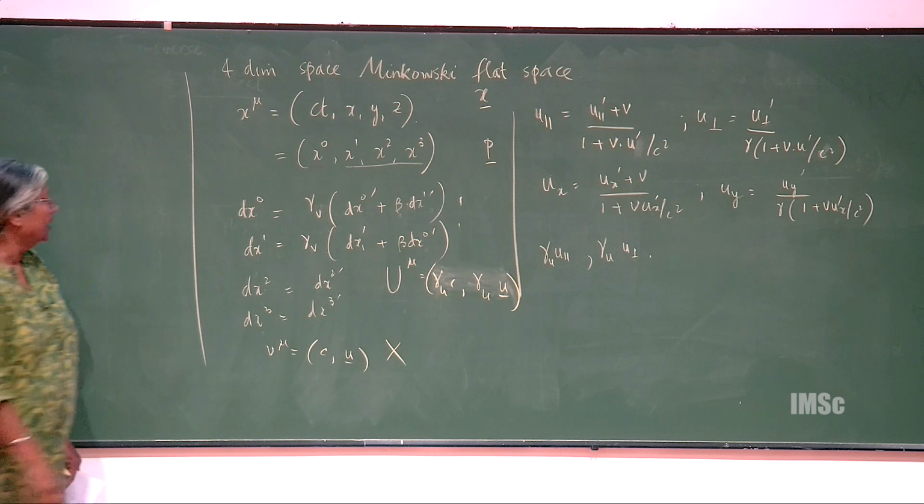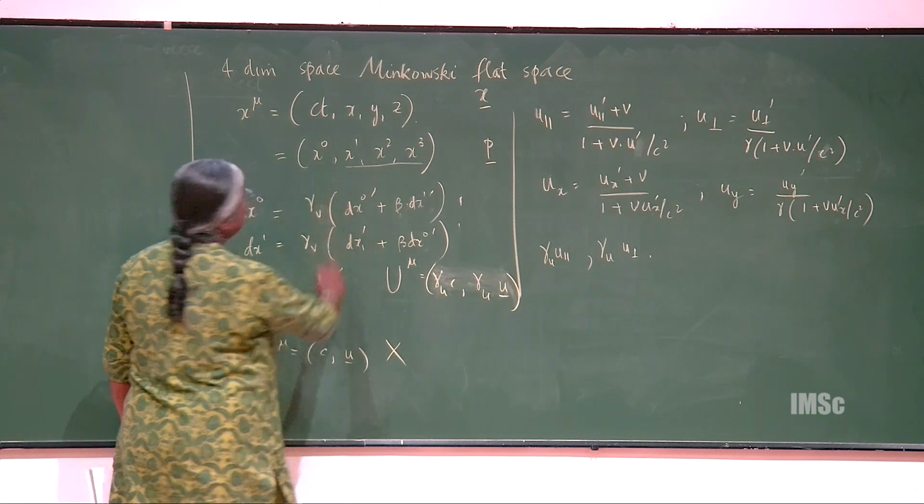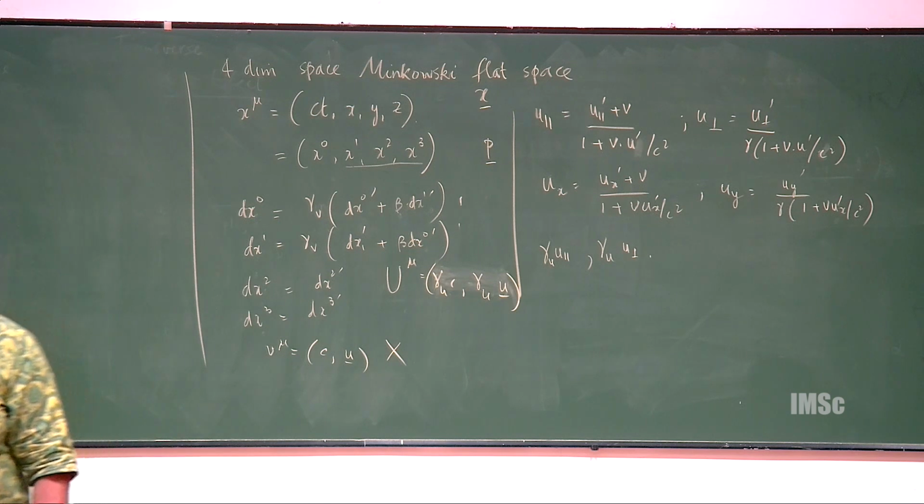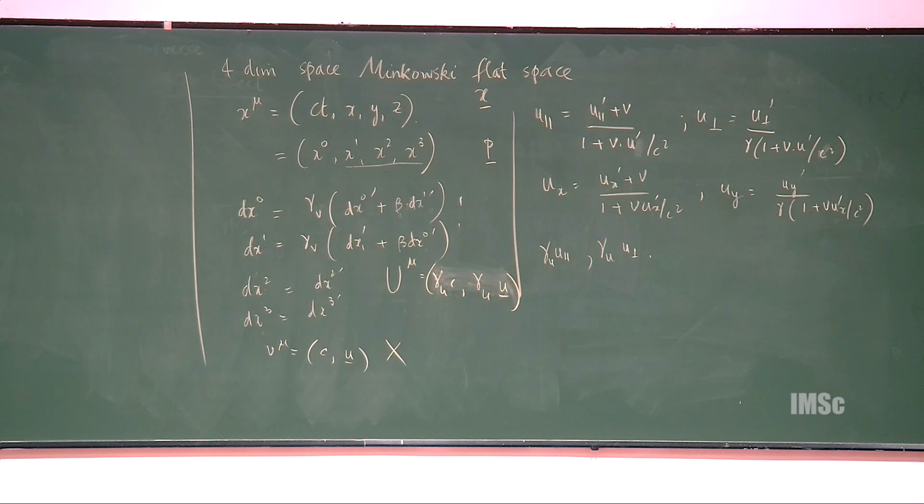What is gamma u? When I say gamma here, I mean 1 minus v squared by c squared, where v is the relative velocity between v and v prime. Gamma u is 1 minus u squared by c squared inverse square root, where u is the velocity of that particle itself, right? So gamma u, gamma v, gamma u prime, you all understand what they are, right?